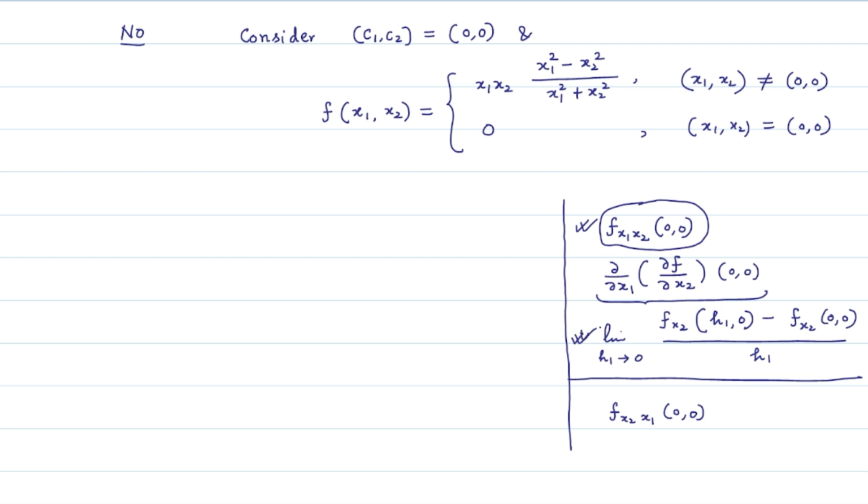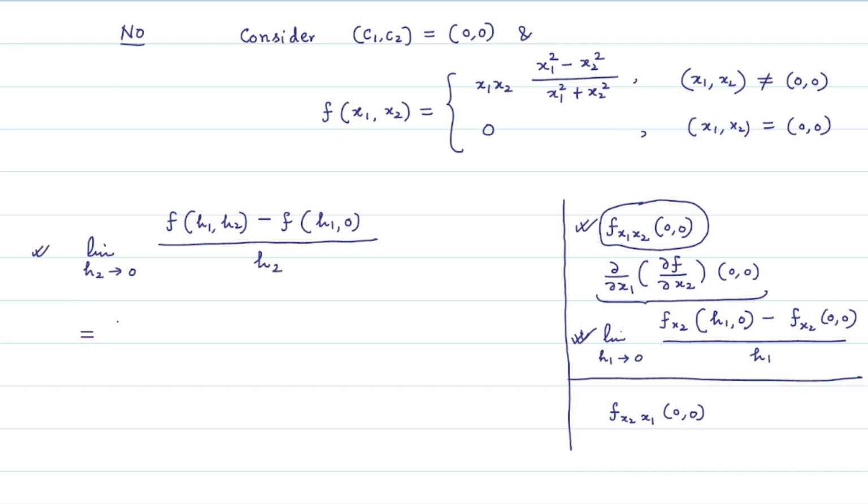To calculate this limit, we need to have this numerator expression. In calculating this expression in the numerator, we need to calculate f_x2 at (h1, 0) and f_x2 at (0, 0). Notice that this f_x2 at (h1, 0) is identified by calculating the limit h2 tends to 0 of (f(h1, h2) minus f(h1, 0)) divided by h2.